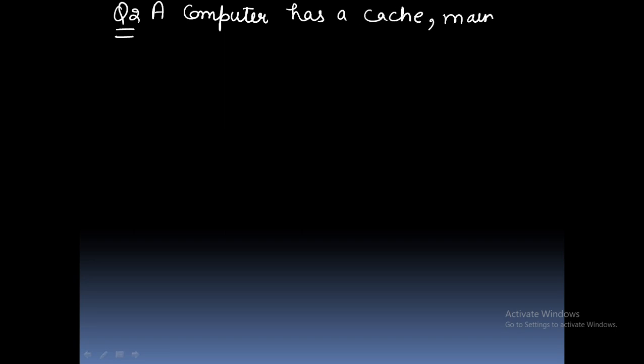Question is, we have given a computer which has a cache memory, main memory and a disk. We have given 3 levels: cache memory, main memory and secondary memory.